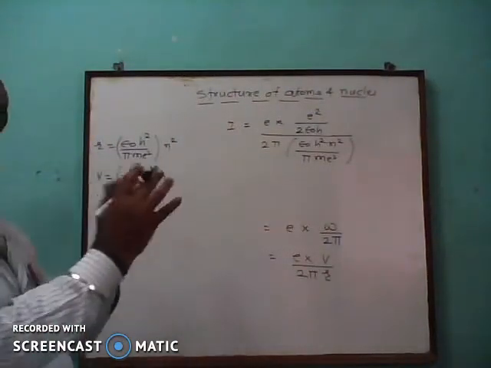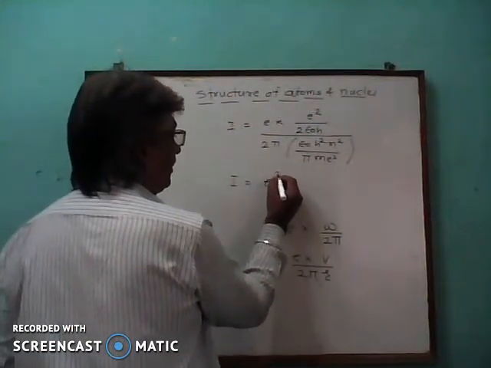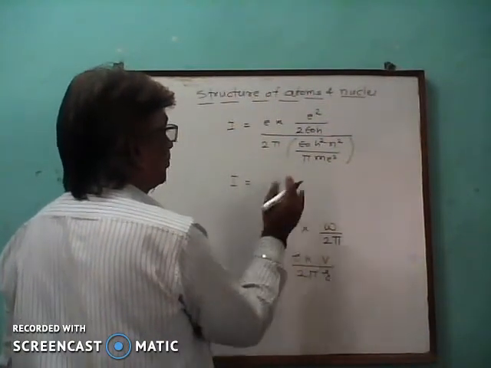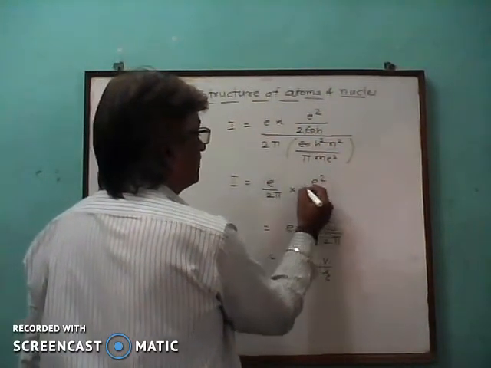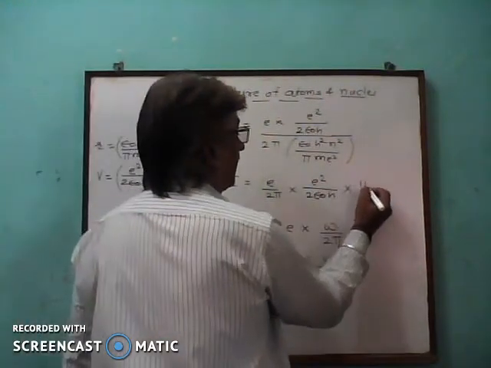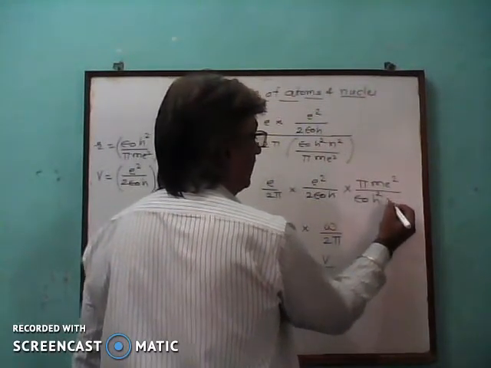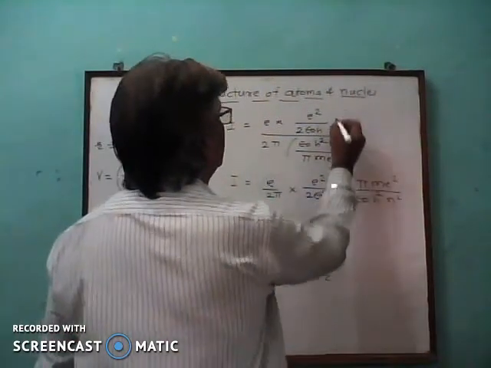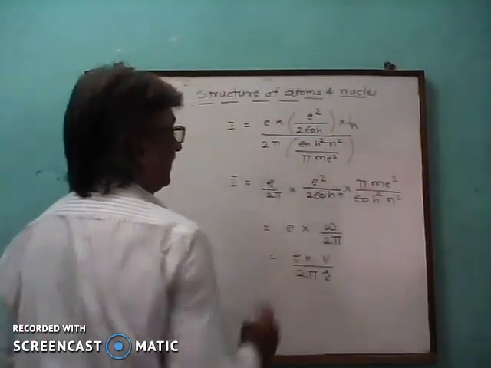If we rearrange the terms, we can write I equal to e upon 2 pi multiplied by e square upon 2 epsilon 0 h multiplied by pi m e square upon epsilon 0 h square n square, with 1 upon n.